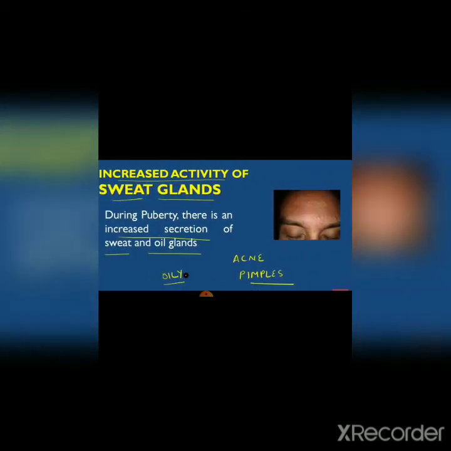Increasing activity of sweat glands. So here this is the age, puberty age or adolescence age, when sweating glands start to secrete the sweat in लार्ज अमाउंट, इज़न्ट इट. ये जो एज होती है, इसी एज में स्वेट ग्लैंड भी ज़्यादा स्वेटिंग सीक्रेशन स्टार्ट हो जाता है. एंड सेकेंड थिंग, ऑयल ग्लैंड्स ऑल्सो स्टार्ट द एक्टिविटी मच मोर. सो ड्यू टू ऑयली स्किन जनरली acne and pimples are seen on the face, right?